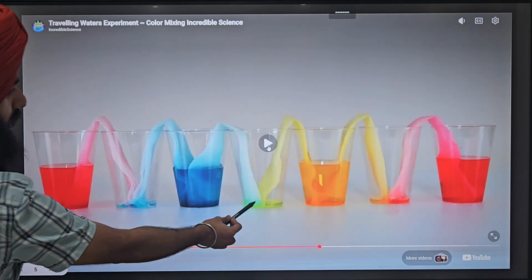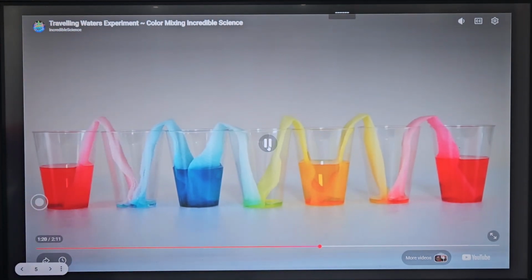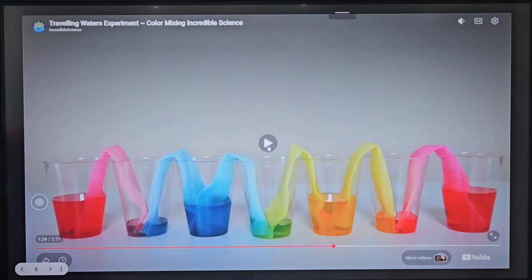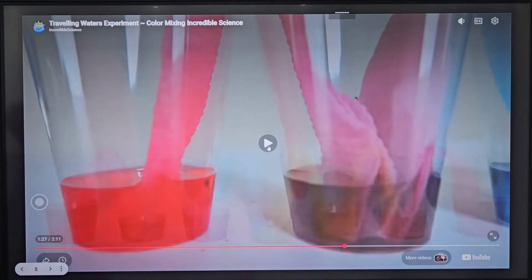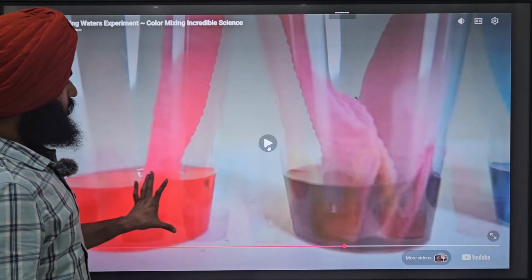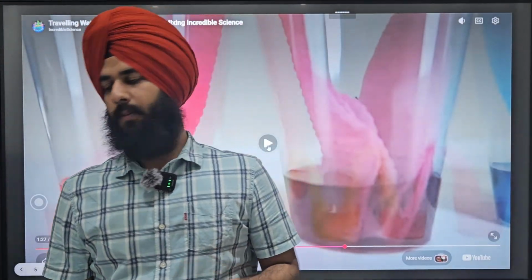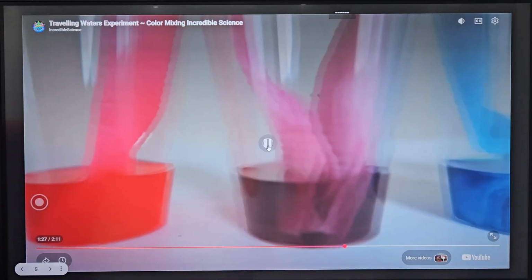As you can see, the glasses have started filling up. And eventually it gets to a point where all of the glasses are similarly filled up. So the water level in each of these glasses will be the same.